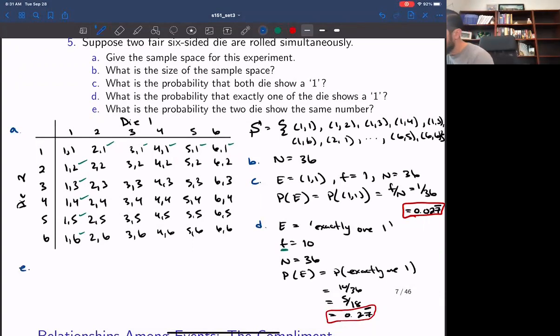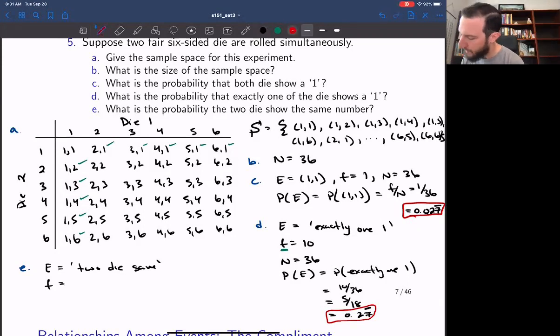Okay, and then part E, what is the probability the two die show the same number? All right. So here we're going to have two die same, or like you could write a Venn is same number, however you want to express it. Okay, so I'll use the red here to mark this one. So you can see that we have 1, 2, 3, 4, 5, 6 different events that correspond to this particular, or 6 different ways of observing this event, which is both die being the same.